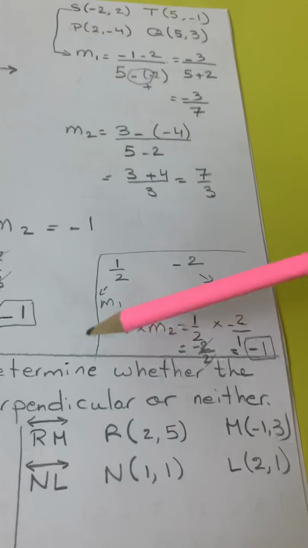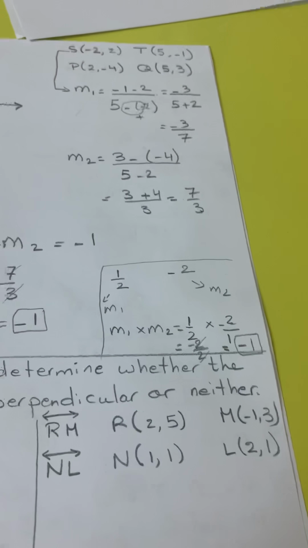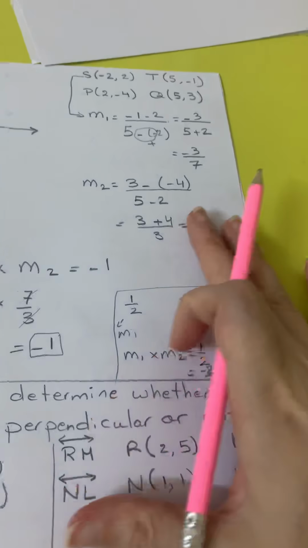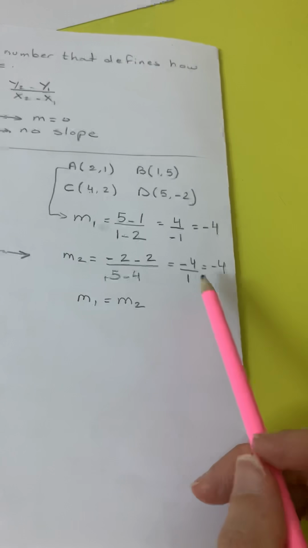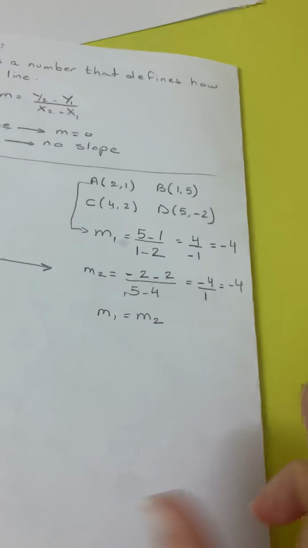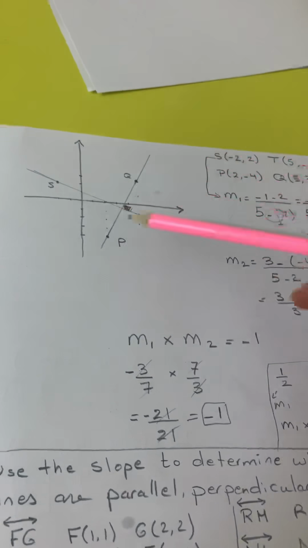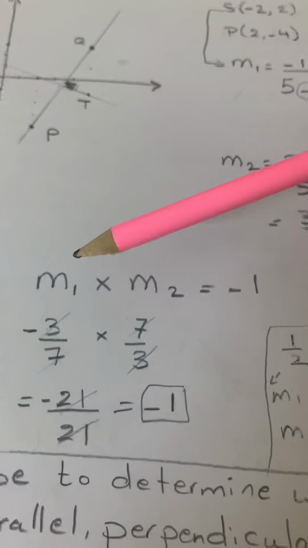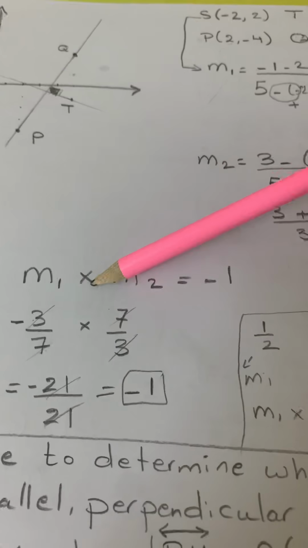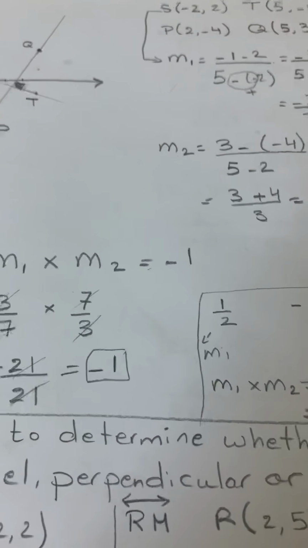So these are slopes of two perpendicular lines. Let's go over it again. If we have two parallel lines, they have the same slope, like here. But if I have two perpendicular lines, there is a relation between their slopes, which is the first one times the second one is equal to -1.